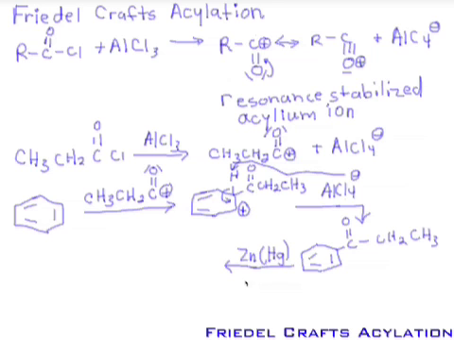Zinc amalgam reacted with HCl and heat, and I may or may not show the heat. Zinc, mercury, HCl, and heat will get rid of the double bond O and replace the double bond O with two hydrogens.